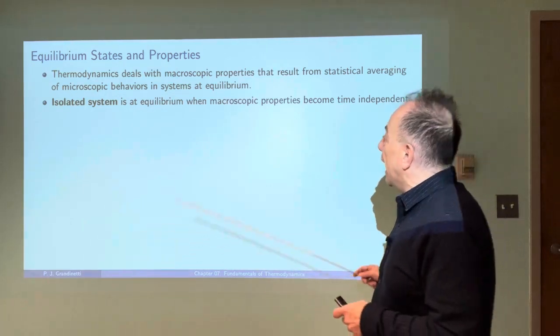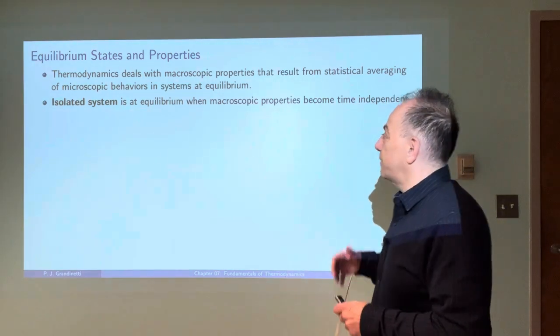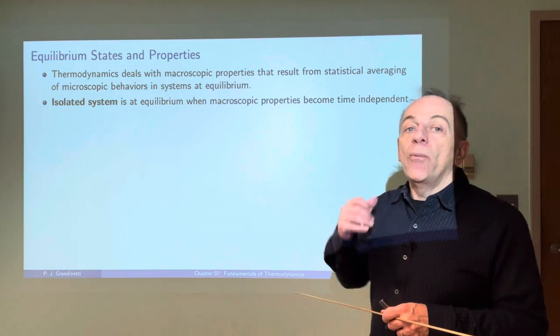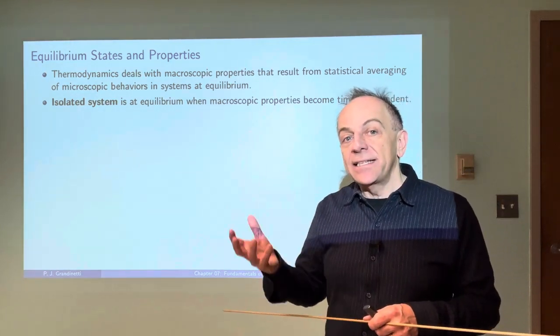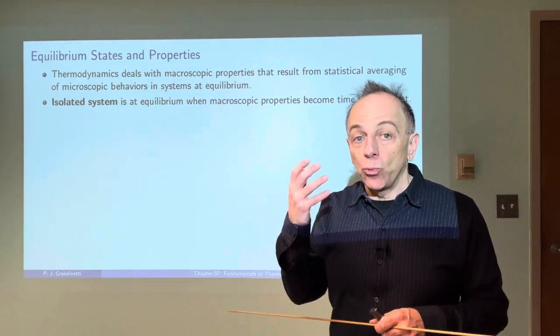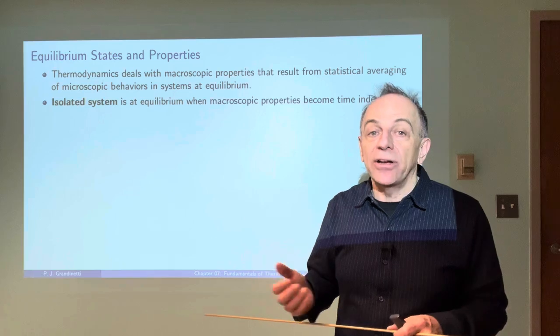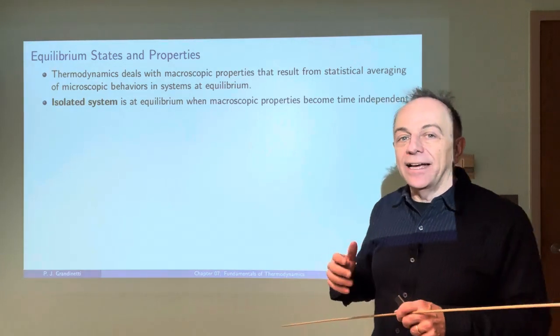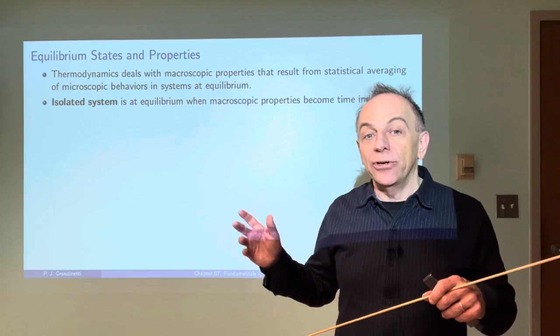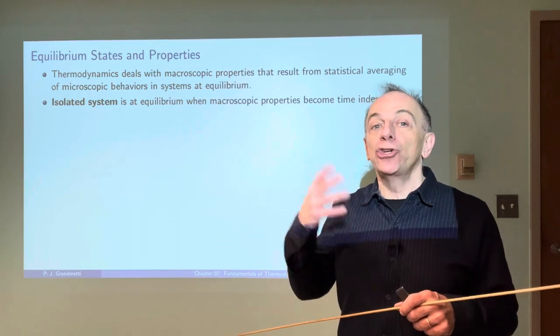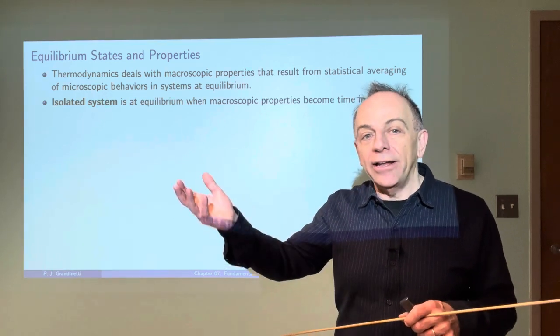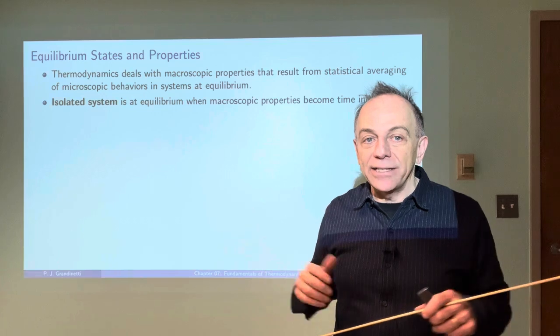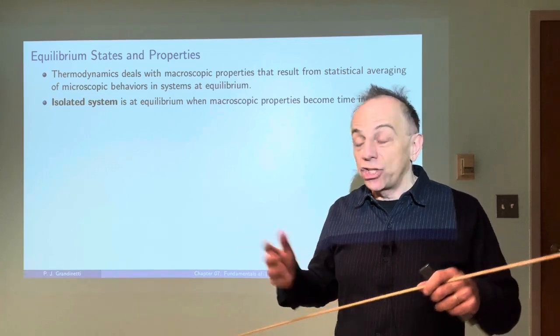When we want to know whether the system has reached equilibrium, well, it depends on how long you wait. In a sense, thermodynamics doesn't have time involved in it, but it is assumed that you've waited long enough that all of the properties of the system are not changing.